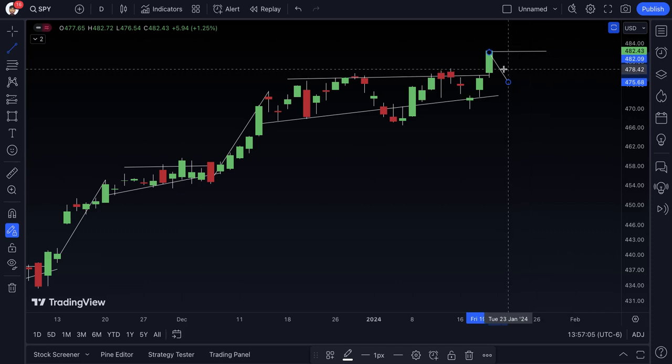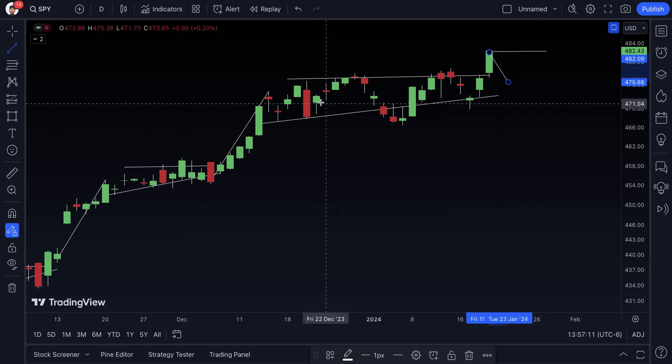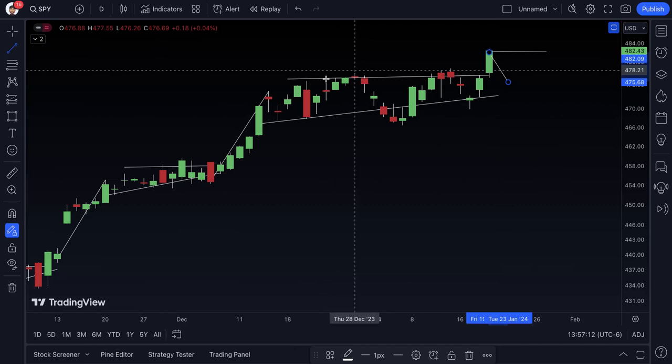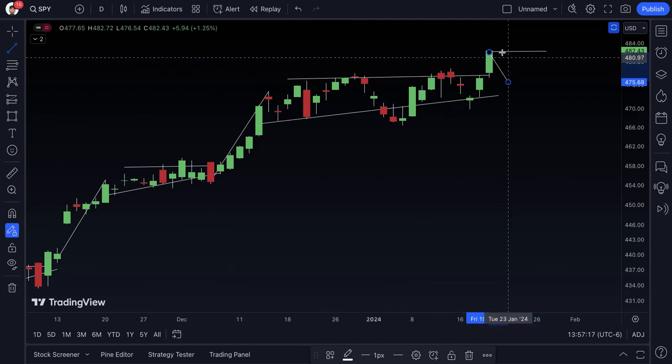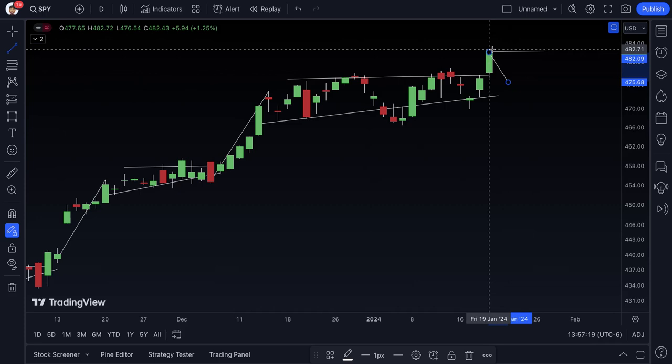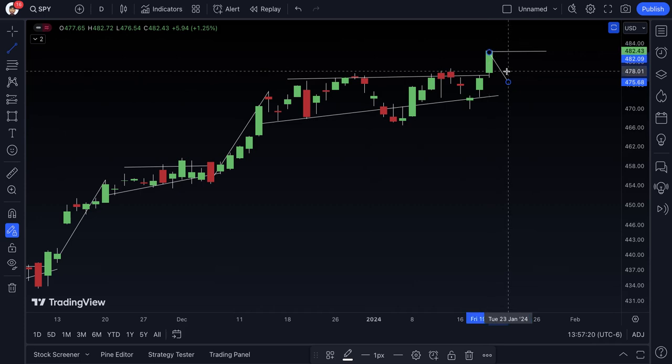So we believe that we're bullish. Check. We believe that we have a bullish structure. Check. We believe that we're going up. Check. And we also believe that we're going to get some type of consolidation. Where are we going to? I believe that the next target for SPY is 500. That's where our next target is going to be.